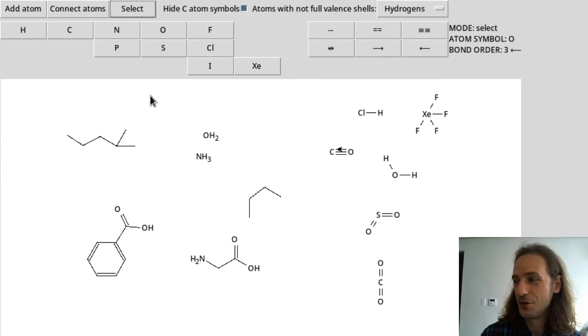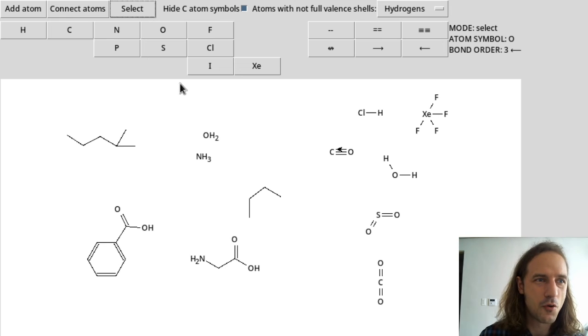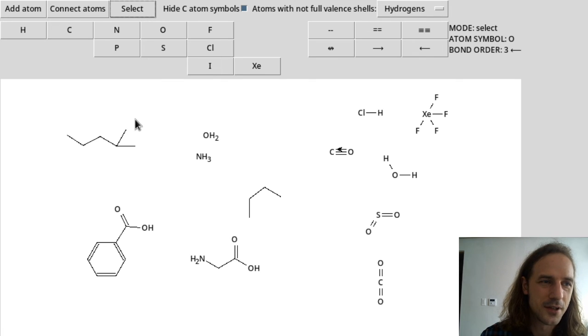In organic chemistry, you usually use the letter R or R prime or R double prime and things like that to represent carbon or hydrocarbon chains. We could even add a hydrocarbon chain with, I don't know, C2H5 or C3H7, things like that. I want to be able to add those.